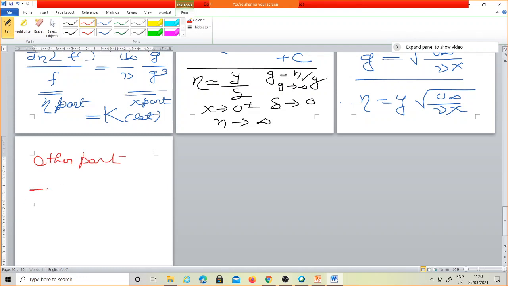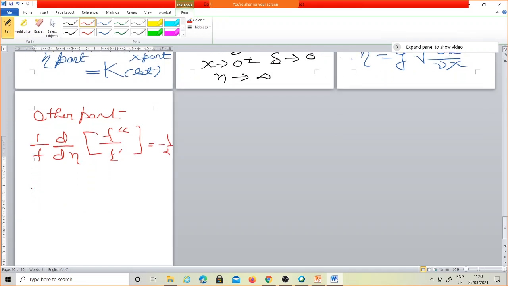Other part we will have 1 by f, and then we have d by d eta of f double prime by f prime, which should be k. K in our case is minus half.